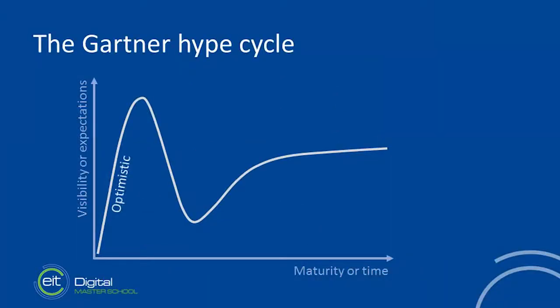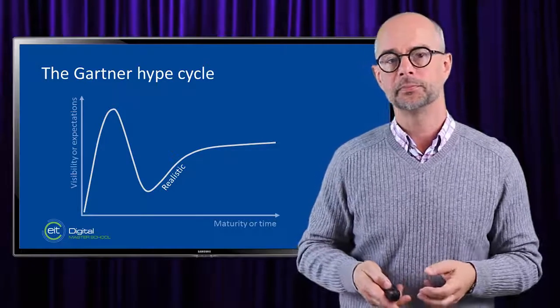The general pattern is that we get a very strong increase early on regarding visibility and expectations that then falls dramatically. So we go from a very optimistic view to a rather pessimistic, and by the end here a more realistic view on what the technology may deliver and when.